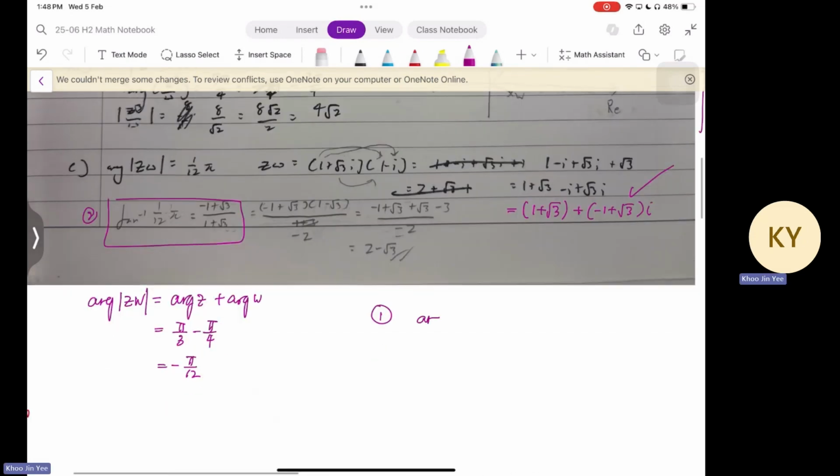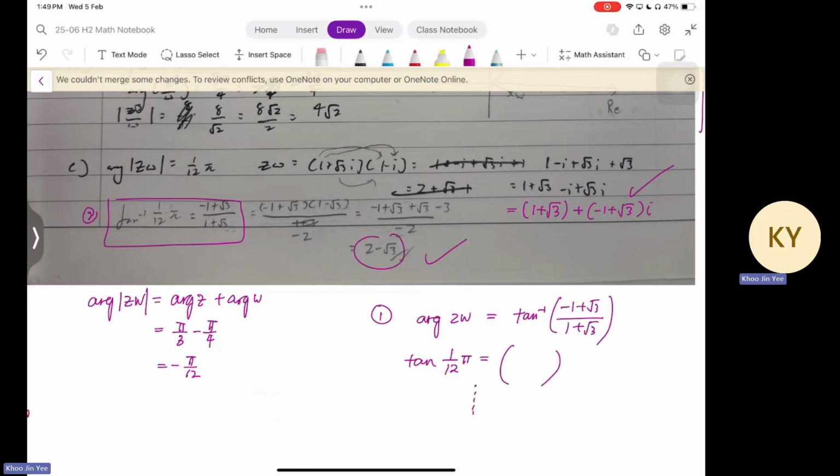The argument of ZW will be equal to tangent inverse of negative 1 plus root 3 over 1 plus root 3. We just need the argument of this one first. What is the argument of ZW? 1 over 12 pi equals to this. Then you can do your tangent, this equals to whatever this is, and continue to get your answer.